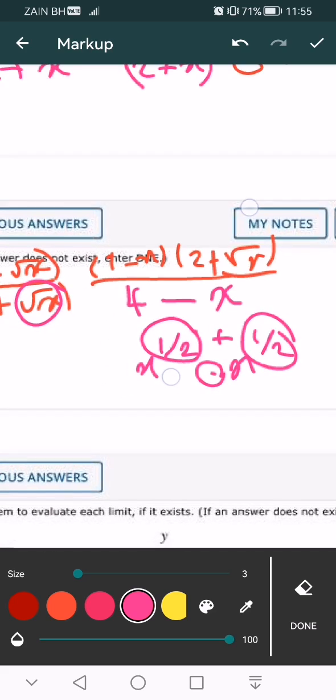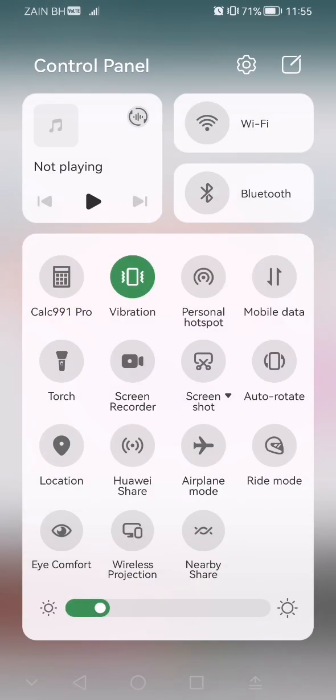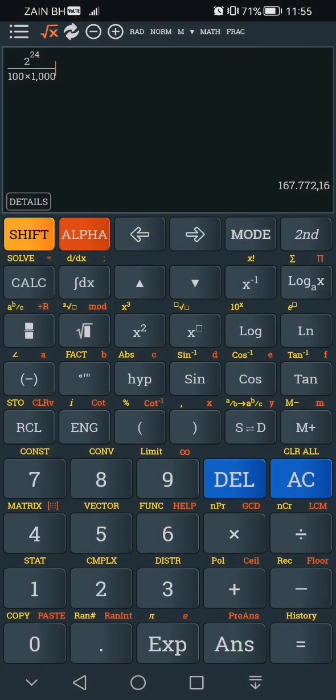Now let us go ahead and do the substitution. Even you can do the substitution in the calculator. It is okay, it is fine. You can do 4 minus x, or direct substitution, but I like this way.